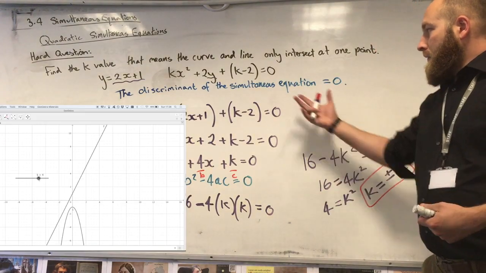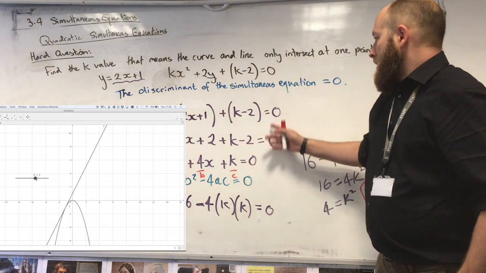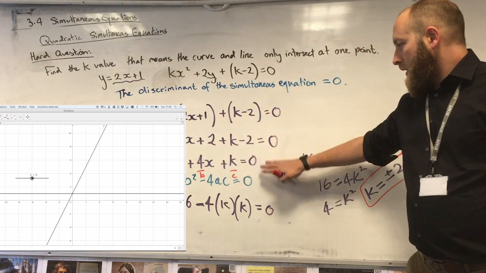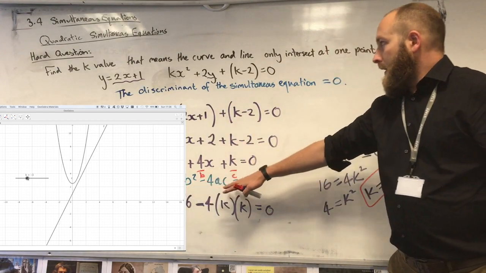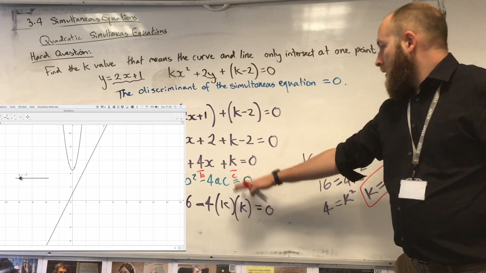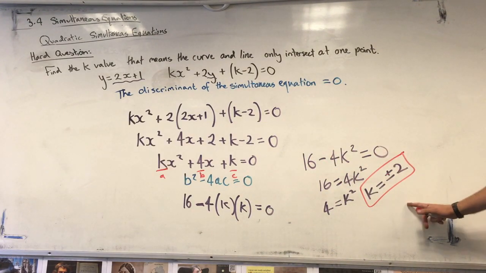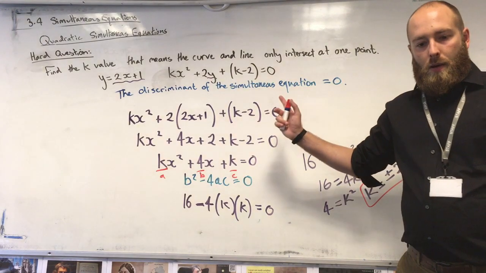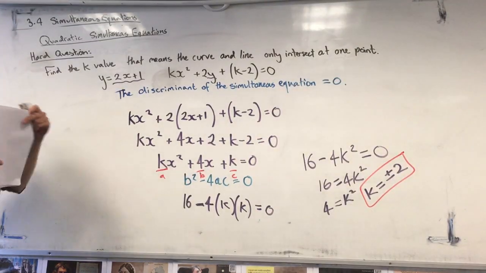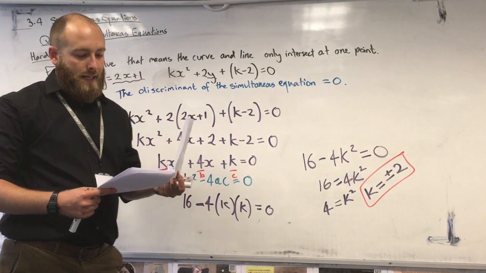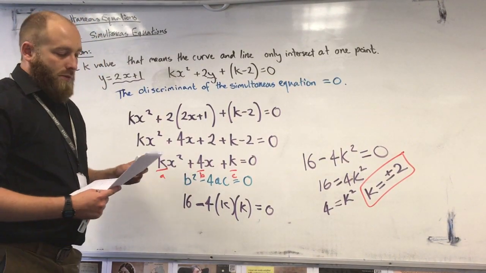Therefore, the discriminant of it will equal 0. So that's what we've done. We found the simultaneous equation, found its discriminant, set that equal to 0, and then used that to find the 2 k values that make it only meet at one point. Alright, if you had any trouble today, watch back through the last couple of videos and then try the quiz.